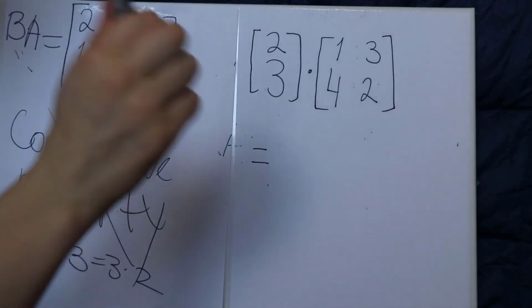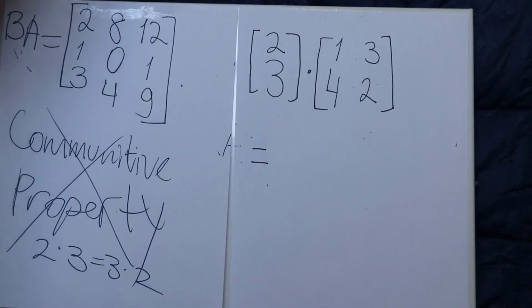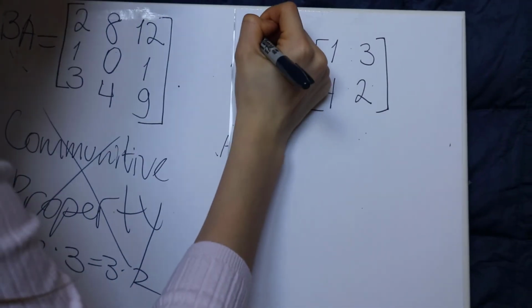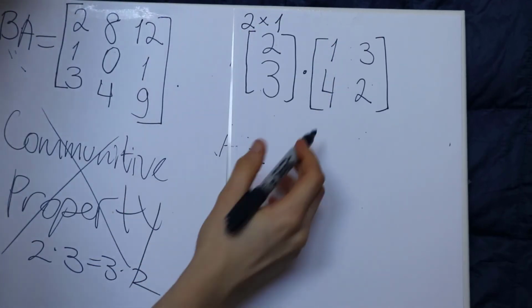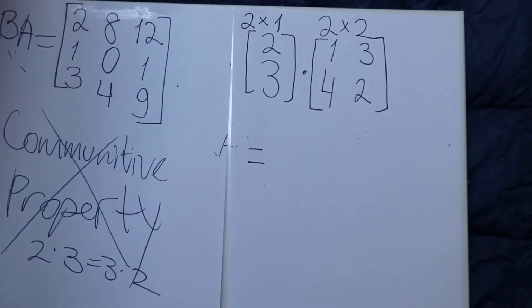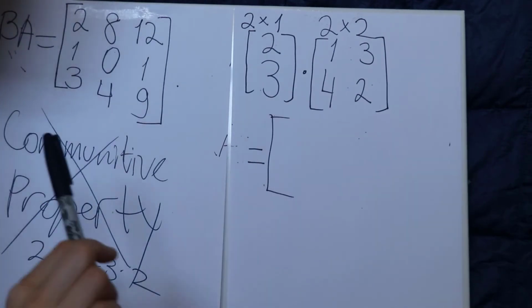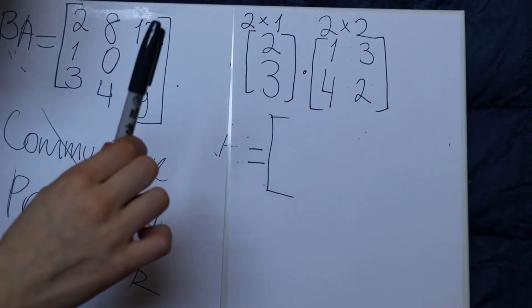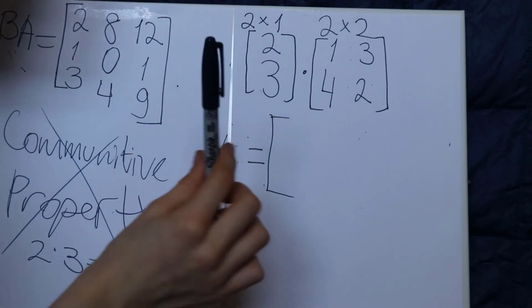Okay, let's try one last example, this one. So here we have a 2 by 1 matrix, and here we have a 2 by 2 matrix. So let's multiply them now. So we do the exact same thing as we did in all the other examples.